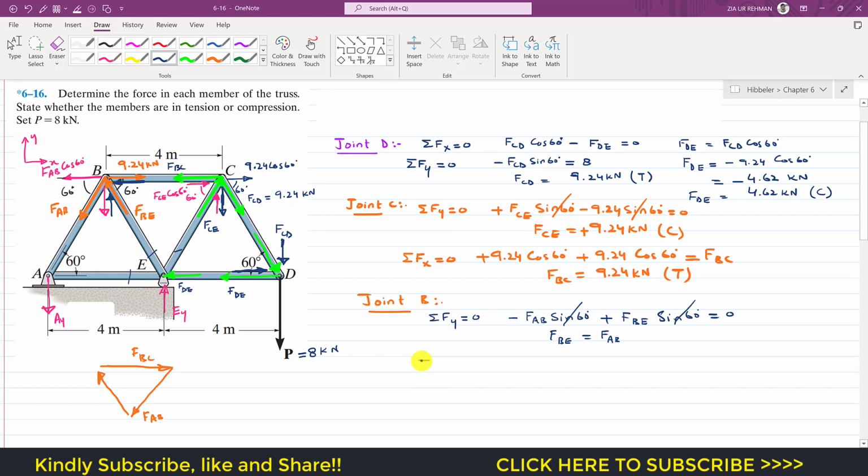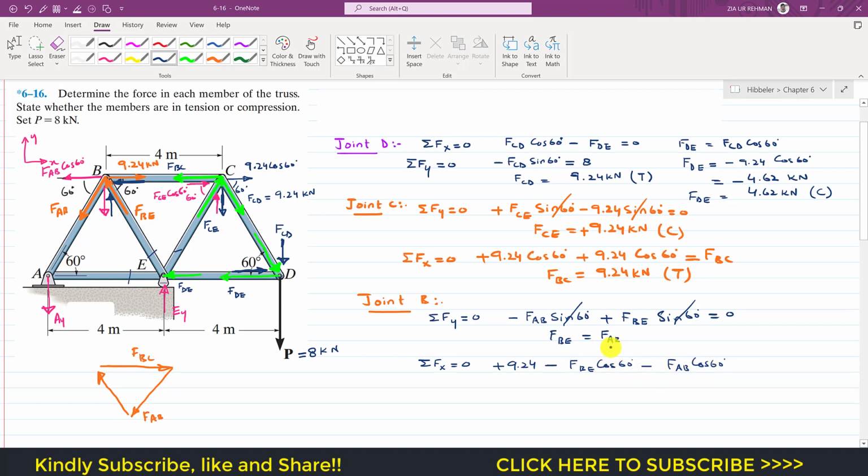Now if we apply the summation of forces along x equals 0, we can see that this 9.24 kilonewton is acting in the positive x, so I will write plus 9.24, minus this FBE cos component, so minus FBE cos of 60 degrees, and similarly FAB cos of 60 degrees, so I will write minus FAB cos of 60 degrees.